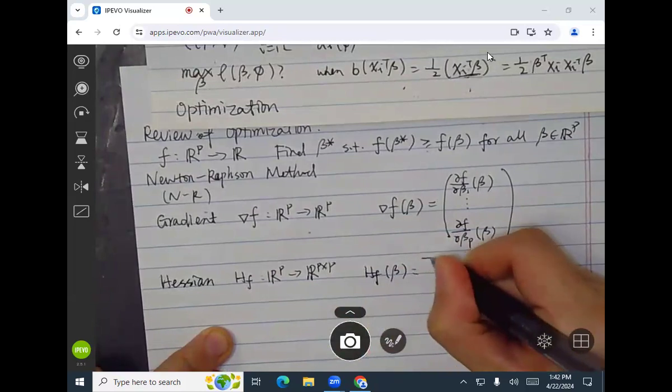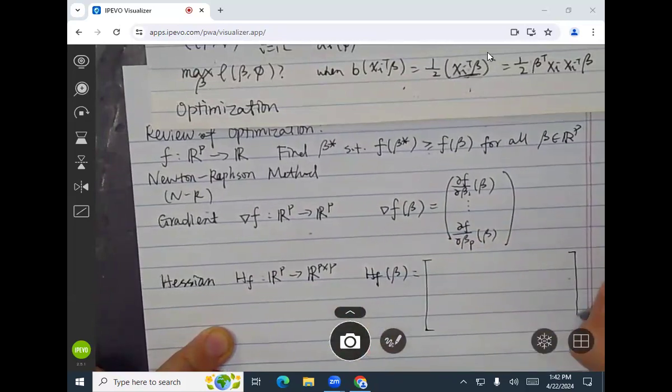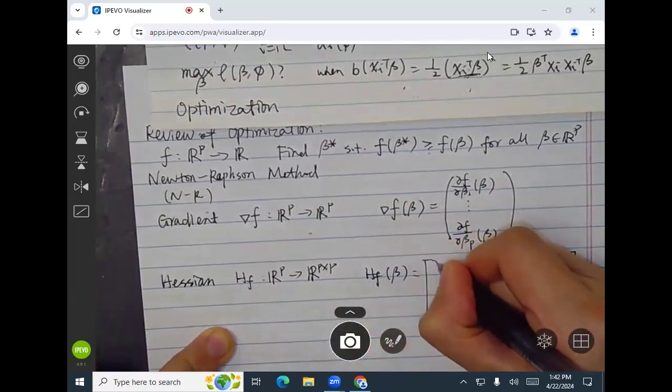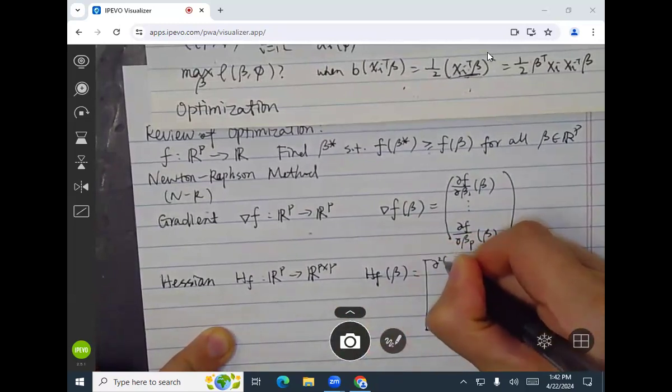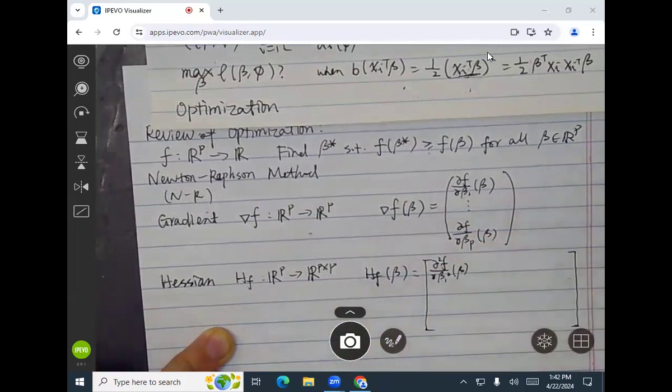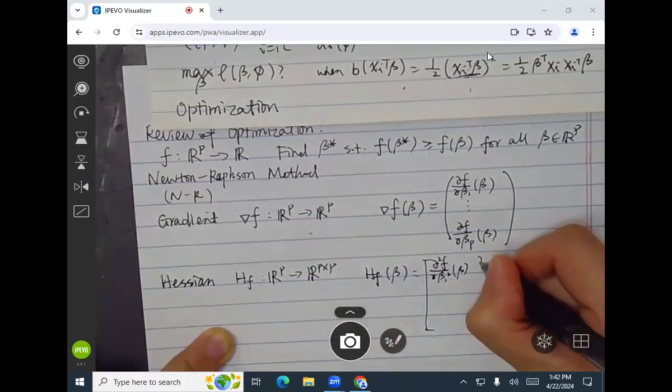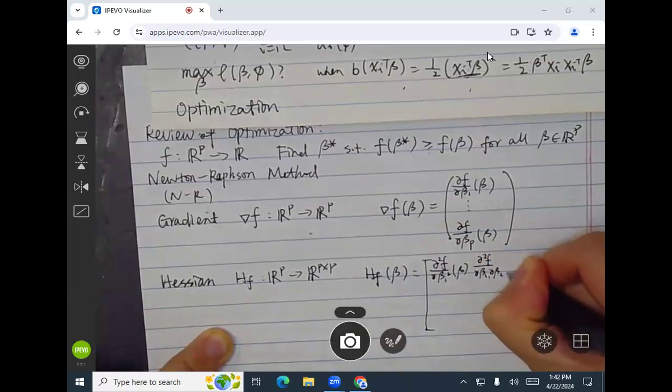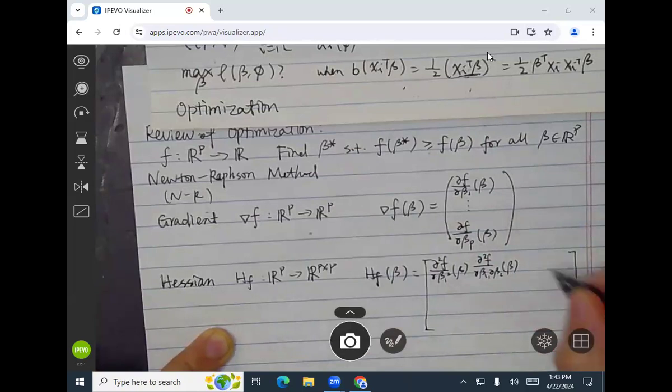In particular, you have p rows and p columns. In the first row, the first entry is partial square f partial beta 1 square at beta. The second entry is partial square f partial beta 1 partial beta 2 at beta. And finally, partial square f partial beta 1 partial beta p at beta.